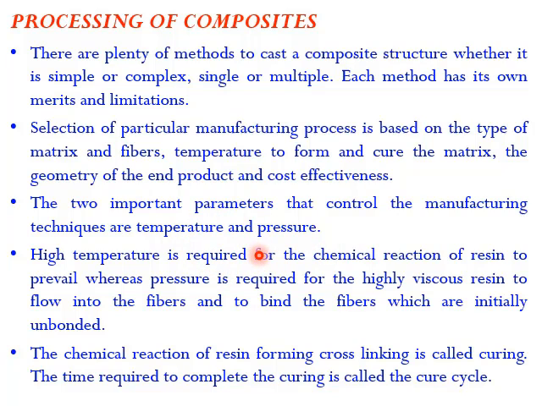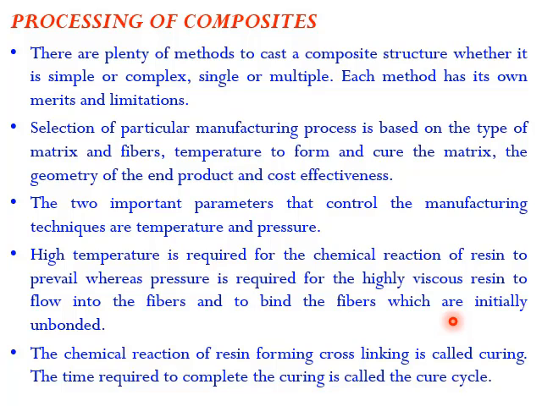As we mentioned, the processing temperature, or the operating temperature at which you process or manufacture these composite materials, is totally different. High temperature is required for the chemical reaction of the resin to prevail, whereas pressure is required for highly viscous resin to flow into fibers and to bind fibers which are initially unbonded.